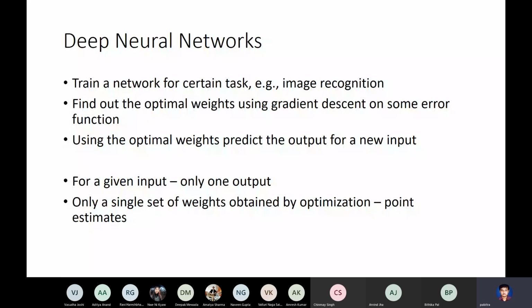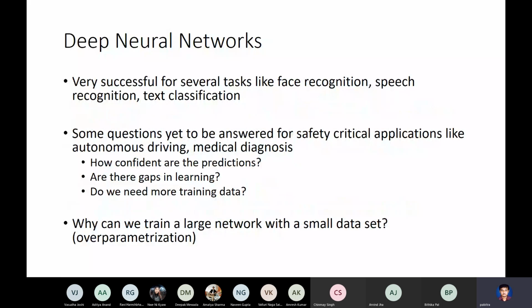So deep neural networks are very successful in several tasks like face recognition, speech recognition, text mining. But there are some questions which are yet to be answered if you want to use such deep learning systems for safety critical applications, say for example autonomous driving or medical diagnosis. These questions are as follows. You have used a deep learning algorithm, but how confident are you about your prediction? Because in many safety critical applications, you really need high confidence predictions.